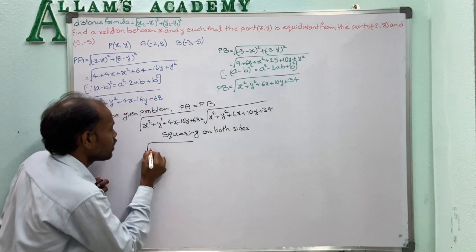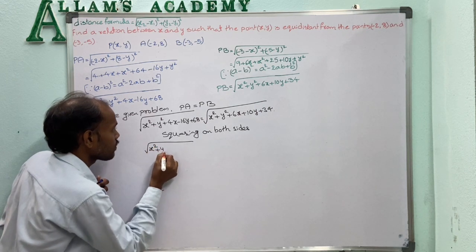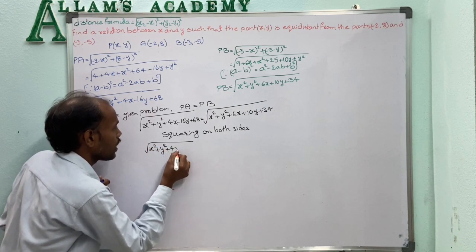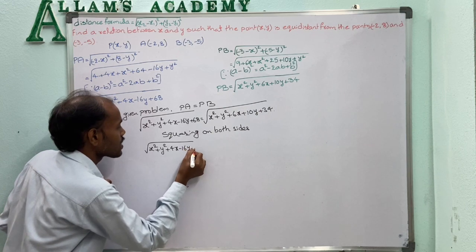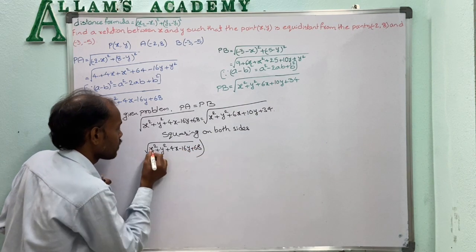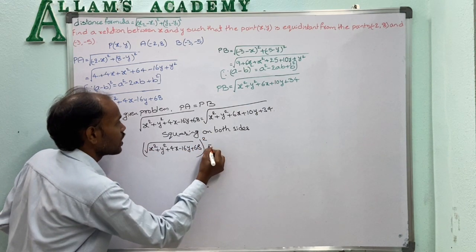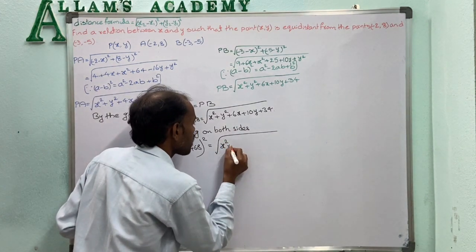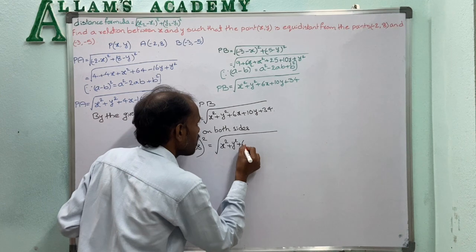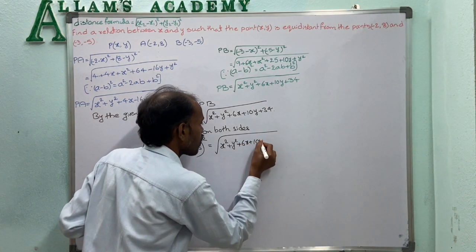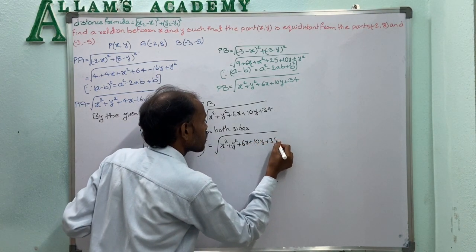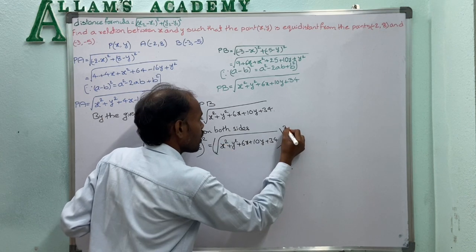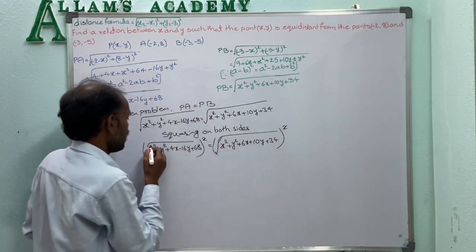So under root x square plus y square plus 4x minus 16y plus 68 whole square is equal to under root x square plus y square plus 6x plus 10y plus 34 whole square. Now the square and square root will be cancelled.